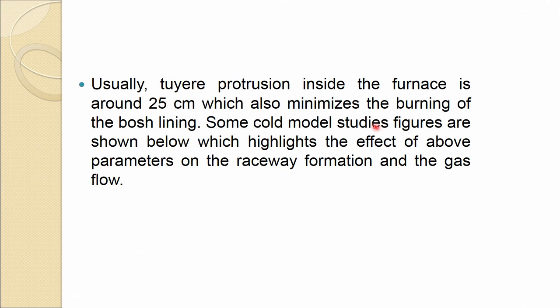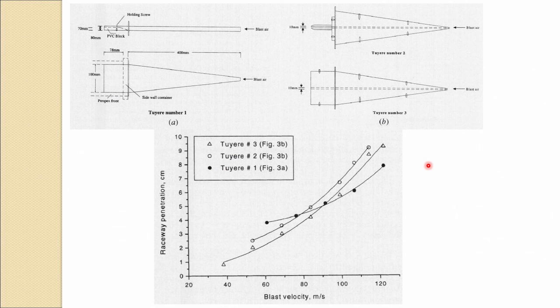Some cold model study figures are shown below, which highlight the effect of the above parameters on the raceway formation and the gas flow. These are some cold model studies of the Tuyere in a two dimensional form. You have one Tuyere where the gas is coming and coming out from a small slit, but you have it restricted in this way.